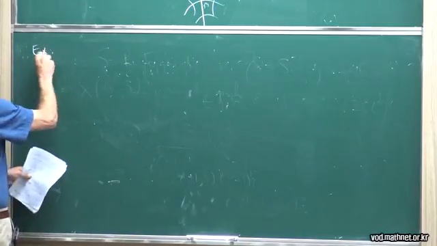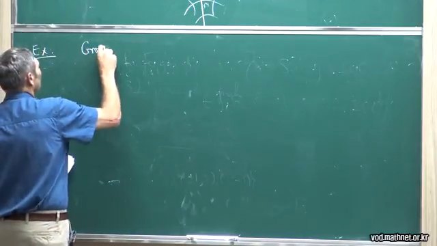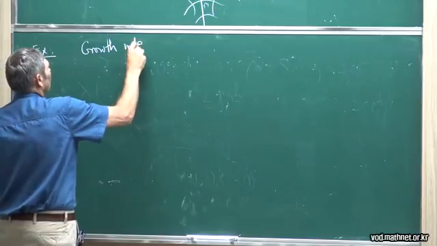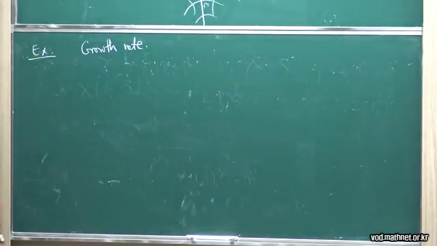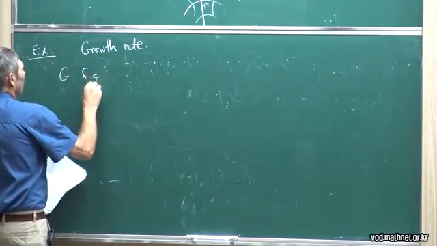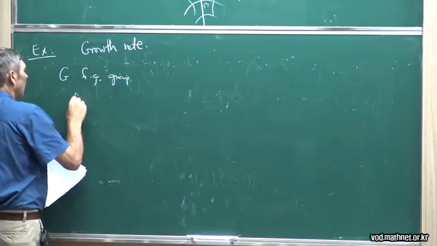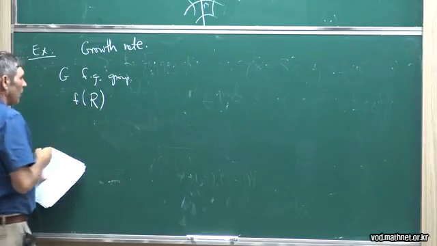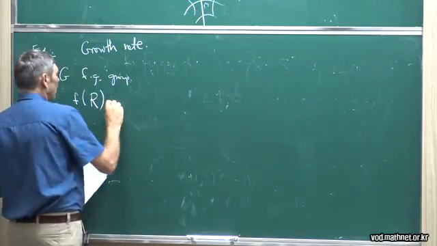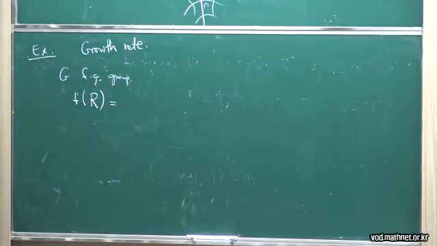So another example is the growth rate. Here I will only define it for groups. So G is going to be a finitely generated group. And I'm going to look at the function f of r, where r is now some number. I'm just going to count the number of points in the group that have distance at most r from the identity.